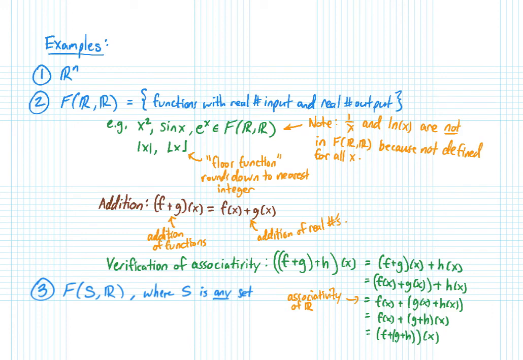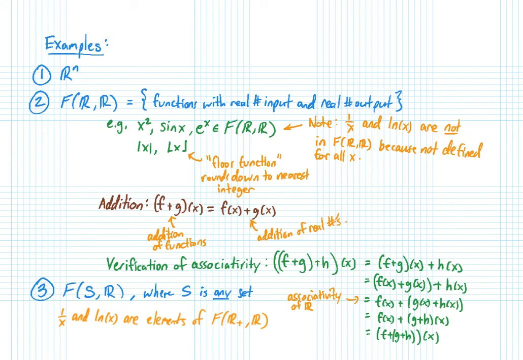And what's kind of neat is that this verification of associativity that I did for F(R, R) works exactly the same in this context, because I never actually said what x was in that verification proof. We never actually did anything with x in that proof. It was really just a placeholder for whatever the input variable was.